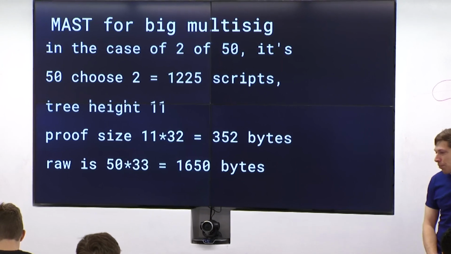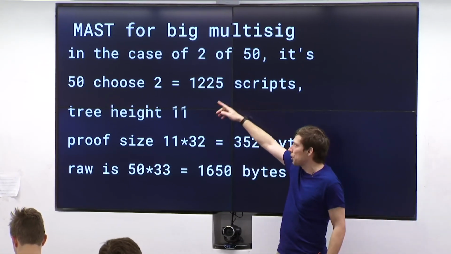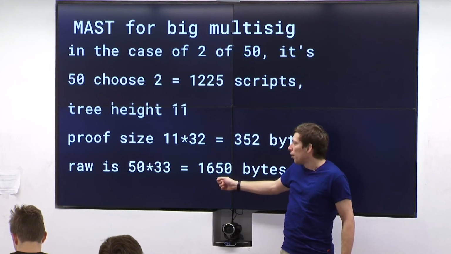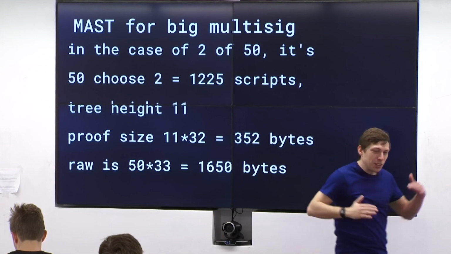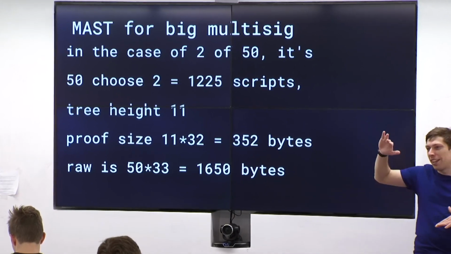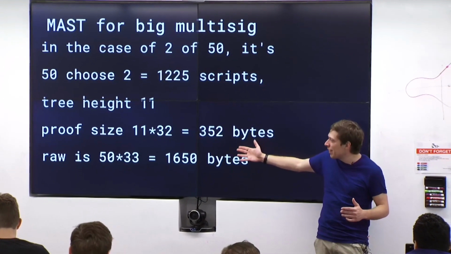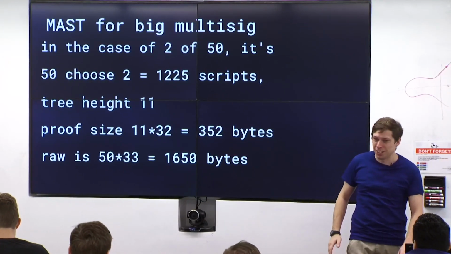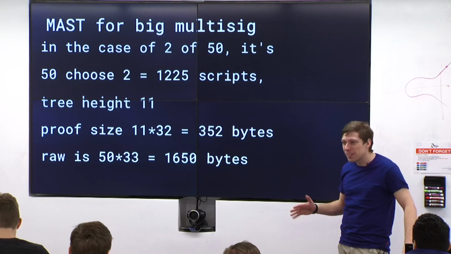For all the different scripts, I have log n. If I actually committed to all the 1,225 scripts with each of the 2 keys, it'd be much bigger. But I don't actually have to, because I've got this whole 50 choose 2 in here. So I've got this combinatorial thing and then this log thing. And on balance, it's better, but not actually that awesome, right? You're going from 1.6K to 350 bytes.